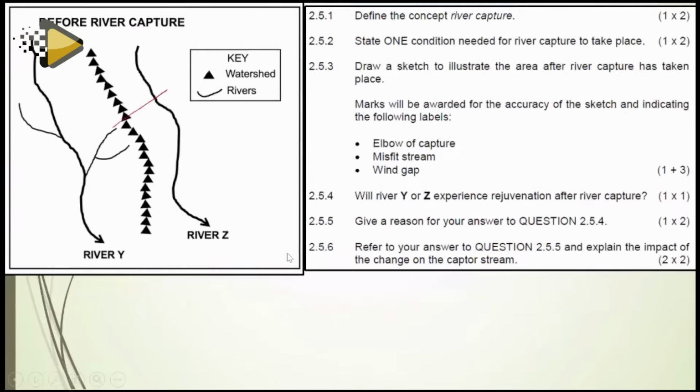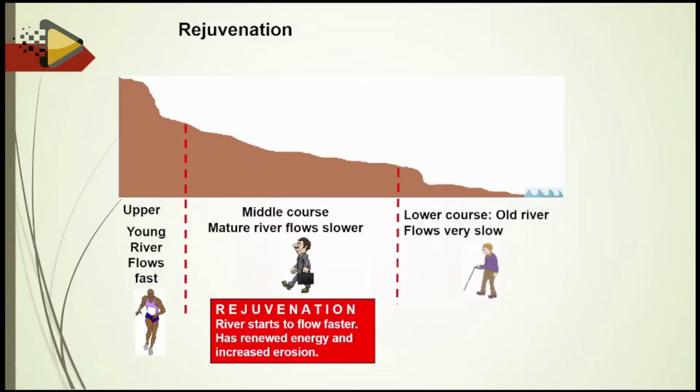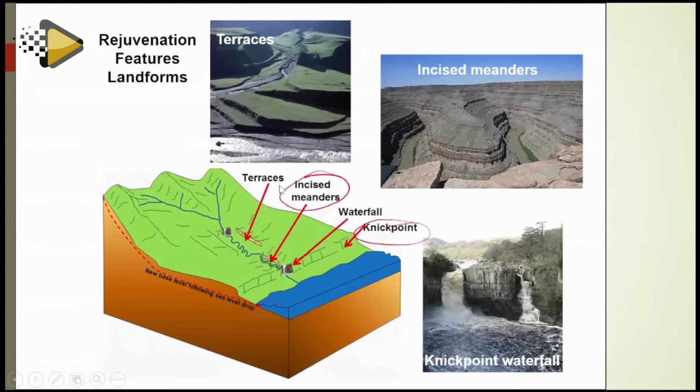The question: give reasons for your answer. We have already given that answer. And explain the impact of the change on the captured stream. We have already explained what will happen after a river gains water. What is going to happen to the meander? The meanders are going to become deeper. Once the rivers become deeper, we say the meanders are incised or are entrenched.